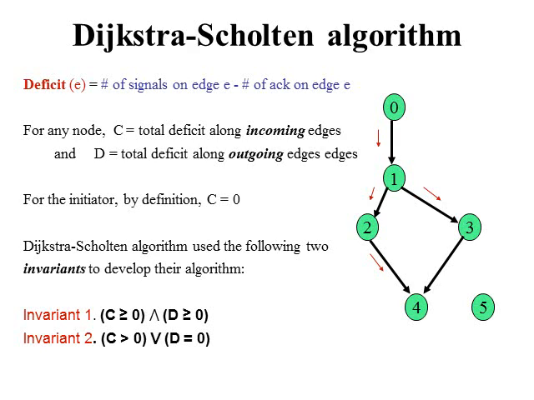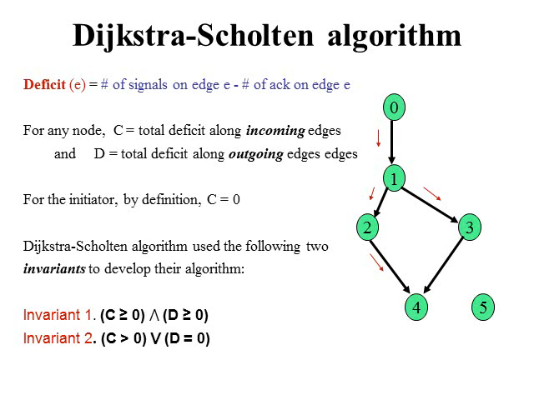edges. So for a given node or a given process, the letter C depicts the total deficit along all its incoming edges, and the letter D indicates the total deficit along all the outgoing edges. For example, consider process 1.